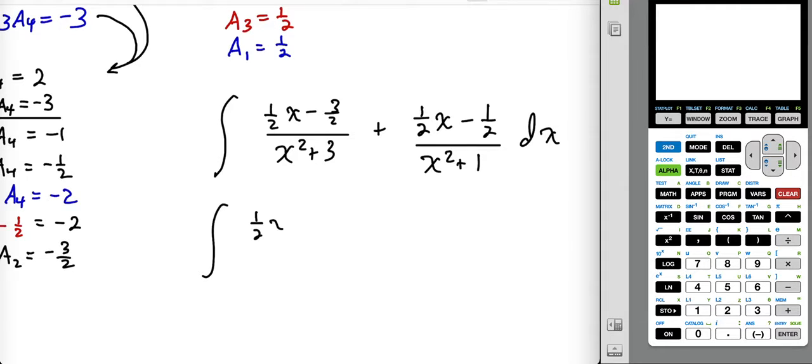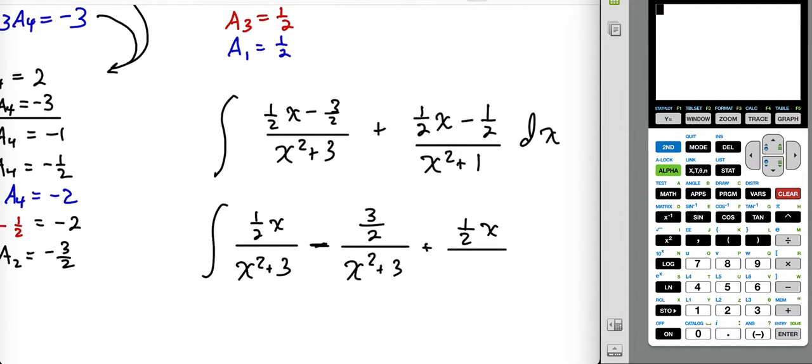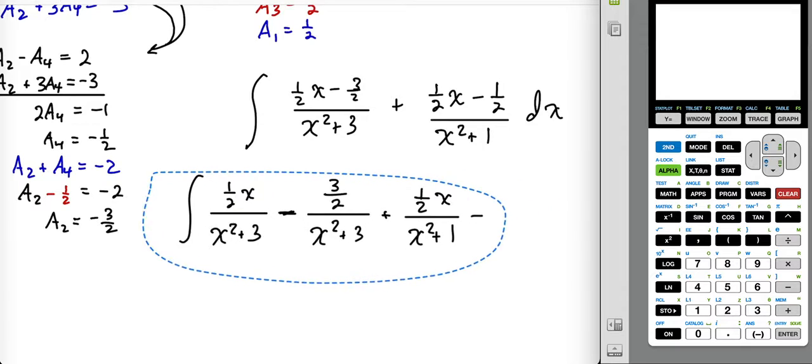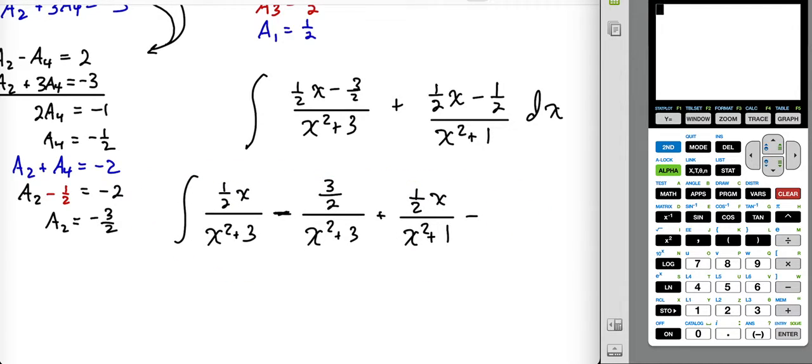So 1/2 x over x squared plus 3 minus 3/2 over x squared plus 3 plus 1/2 x over x squared plus 1 minus, let me move it over, 1/2 over x squared plus 1 dx.